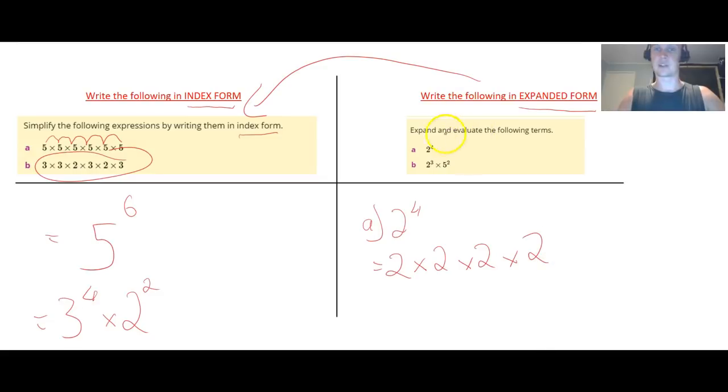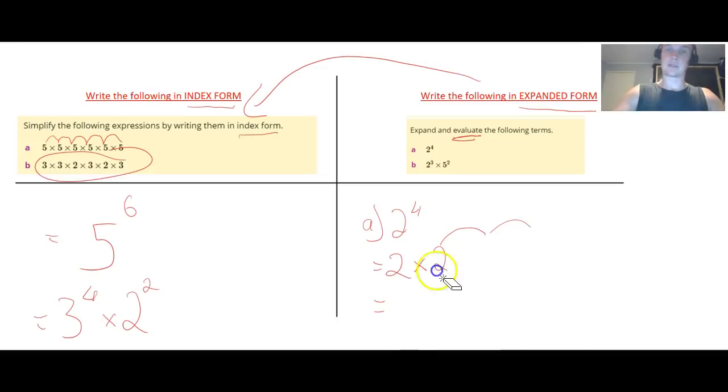Notice the question says expand and evaluate. Evaluate means you need to solve the problem and answer the question. So 2 times 2 is 4, times 2 is 8, times 2 is 16. We've evaluated this and 2 to the power of 4 is 16.